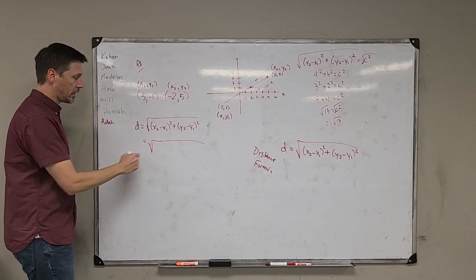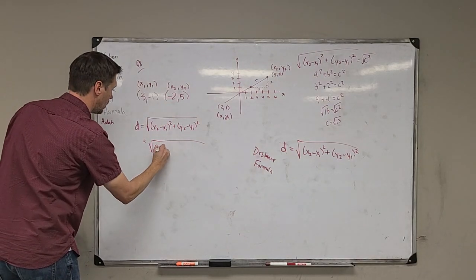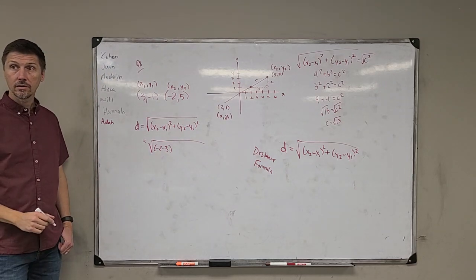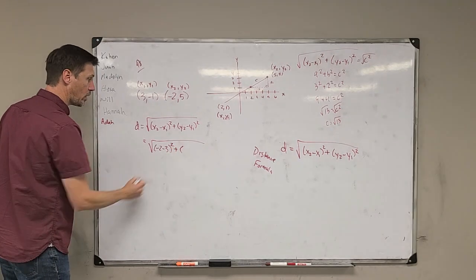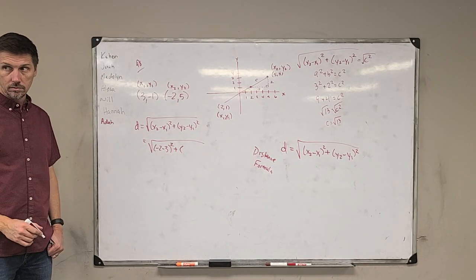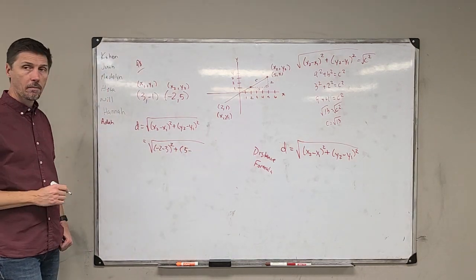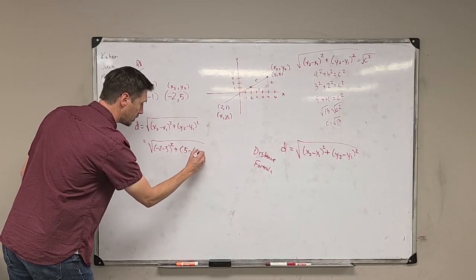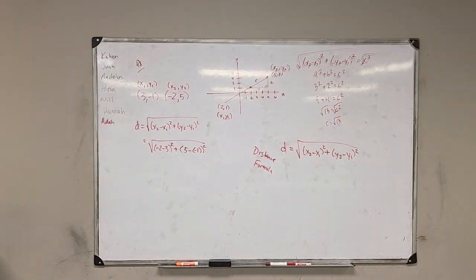So what am I plugging in right here? x2 minus x1 is going to be -2 minus 3. I'm just plugging those values in. Squared, right? Plus, what's y2? 5. Minus, what's y1? -1. I would encourage you to put the minus and put parentheses here so that you make sure you don't mess up your signs. All right?